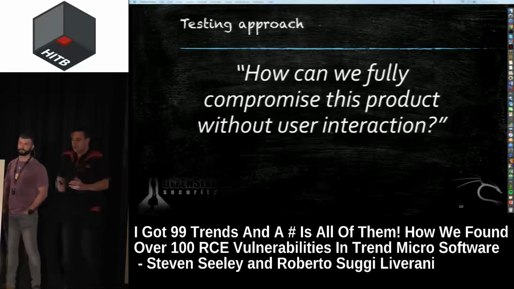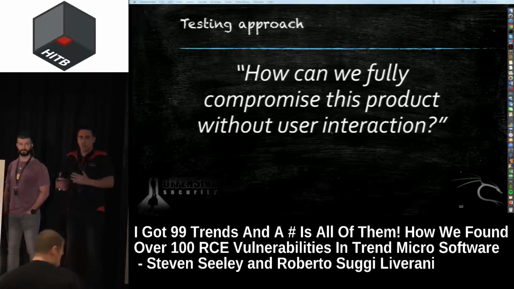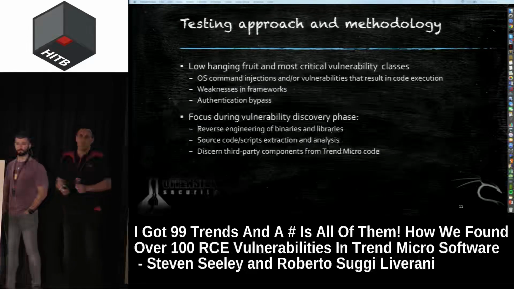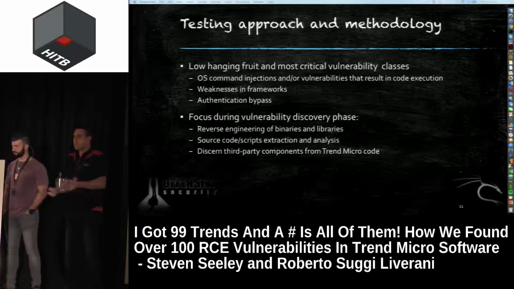When you put yourself as a researcher in this position, you will only go for the type of bugs which are either command injection or that lead to remote code execution, for instance, SQL injection and so on. But we also look into weaknesses in frameworks used by Trend Micro products, or also, for instance, authentication bypass, and chaining these bugs together.